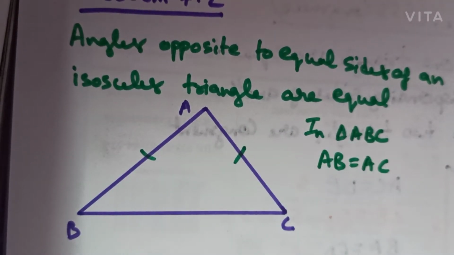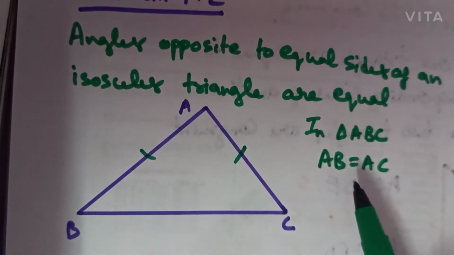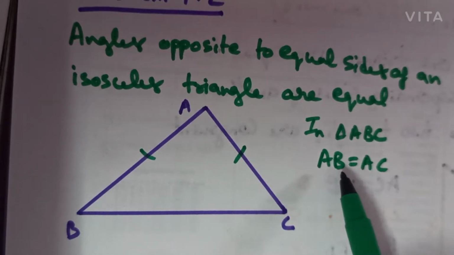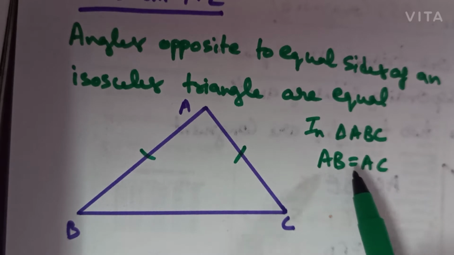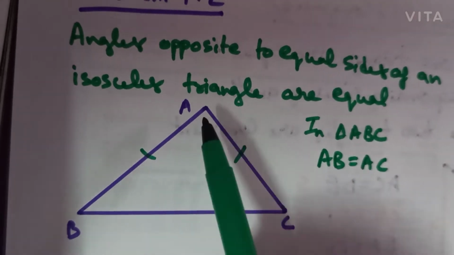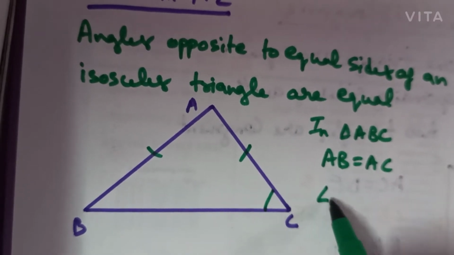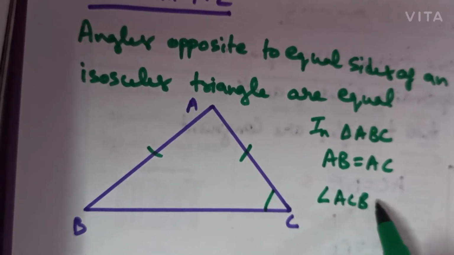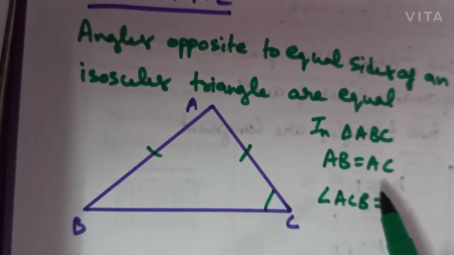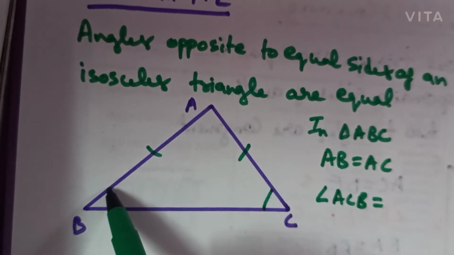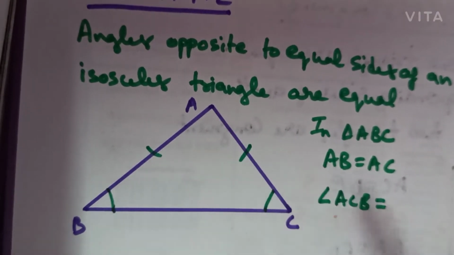Then according to the theorem, the angles opposite to the equal sides will be equal, meaning the angle opposite to AB will be equal to the angle opposite to AC. The angle opposite to AB is angle ACB. It will be equal to the angle opposite to AC, that is angle ABC.